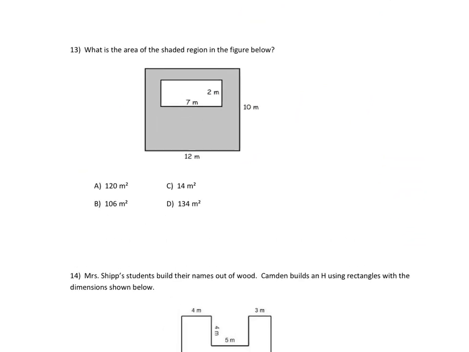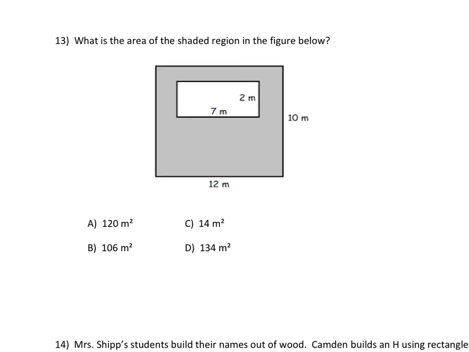Number 13. What is the area of the shaded region of the figure below? When we have a bigger region and we're taking out a piece of it, we're going to subtract in between the two. So the bigger region is this gray part, which is 12 times 10.